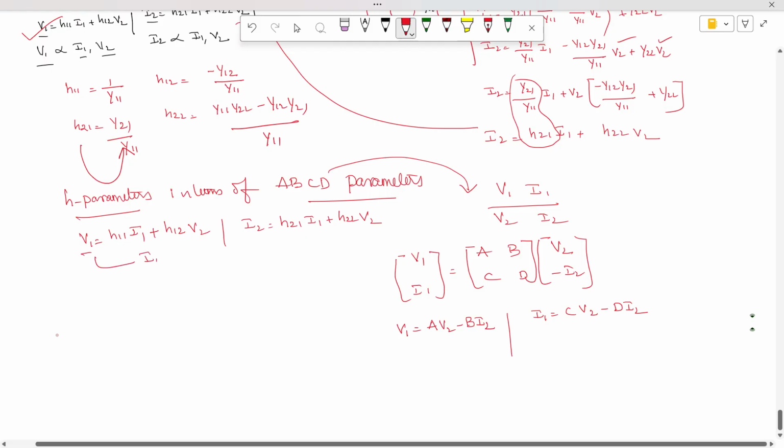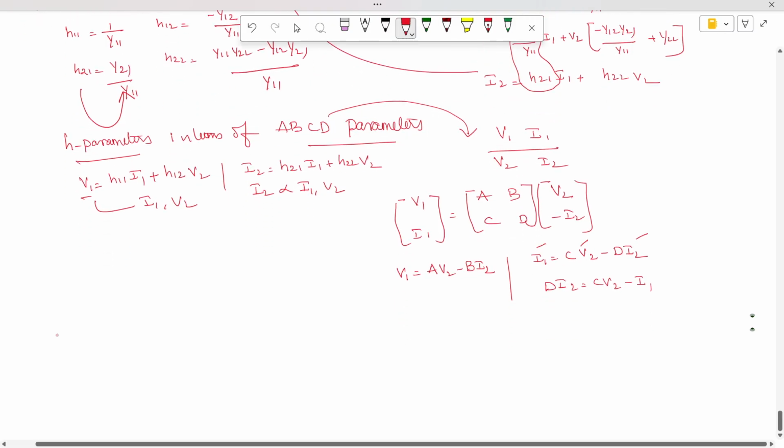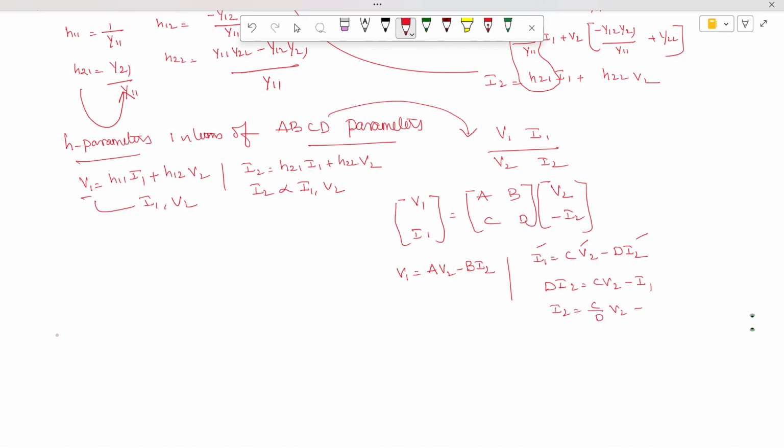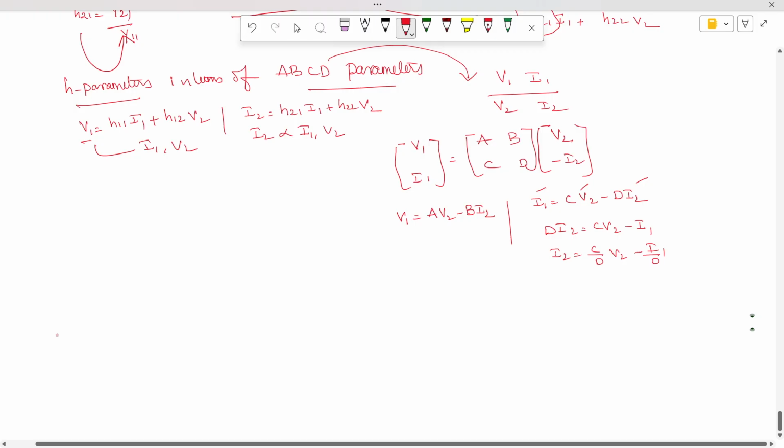So compare the equation which has V1 in terms of I1, V2. You see here V1, I1, V2 not there, or I2 in terms of I1, V2. So I2 is there, so we can write this one. Here you can see the I2 term is there, I1 term is there, V2 is there. So you can write D into I2 is equal to C V2 minus I1. So I2 is equal to C by D into V2 minus 1 by D into I1. So we require this expression.